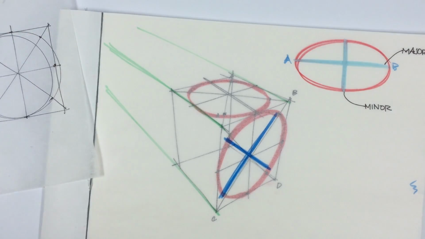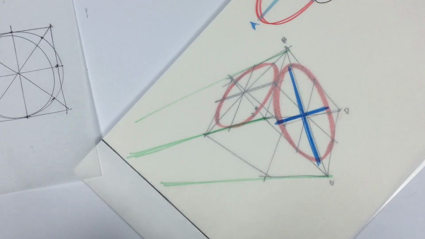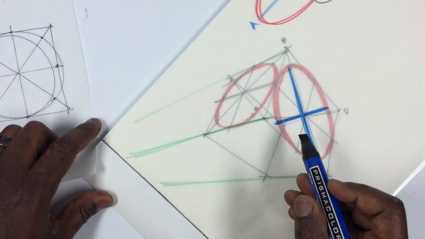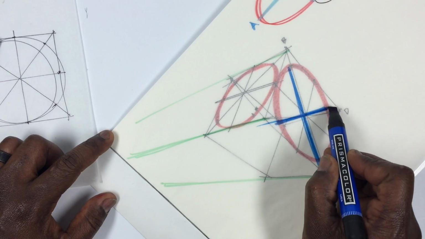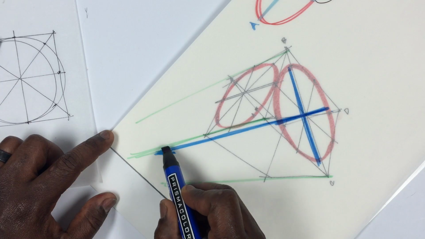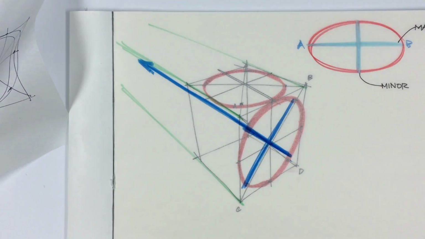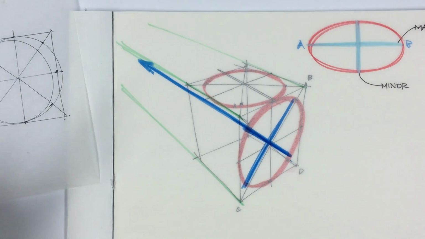And you'll notice that this blue line, the minor axis of my ellipse that I drew here, appears to, if you draw it correctly, appears to head in the same direction as those other 3 lines.